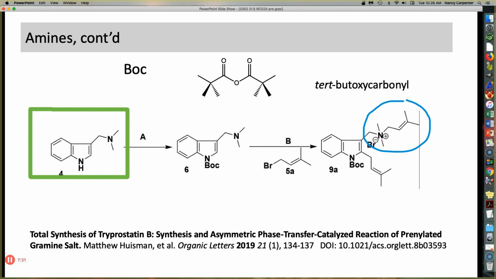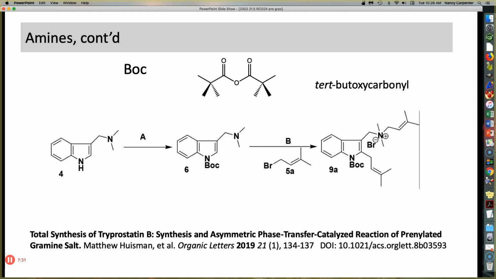But as you can also see, we have two competing nitrogens, this one and this one. So they're not going to bother with trying to finesse this. They go ahead and protect the nitrogen here with the butoxycarbonyl protecting group. Then they can carry out substitution reaction, and all is well.